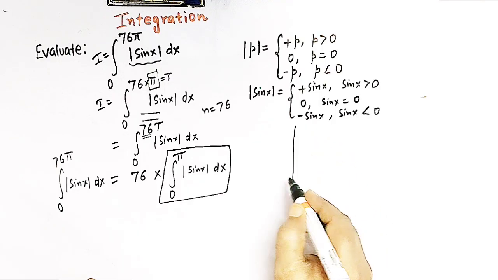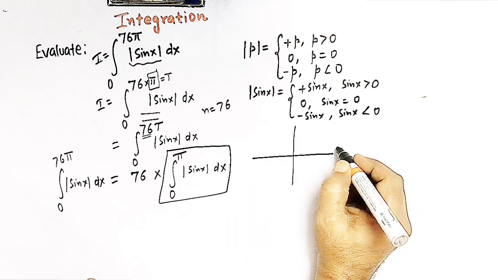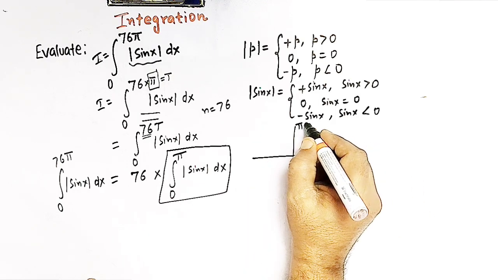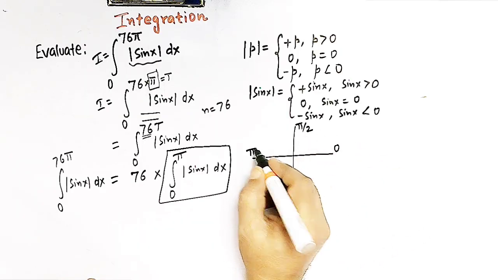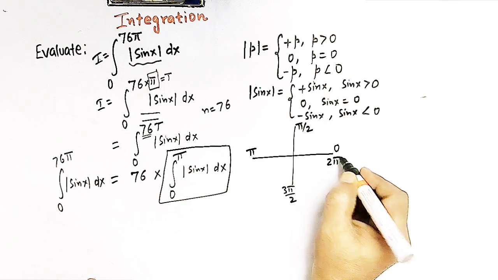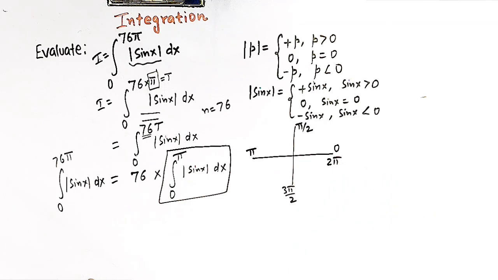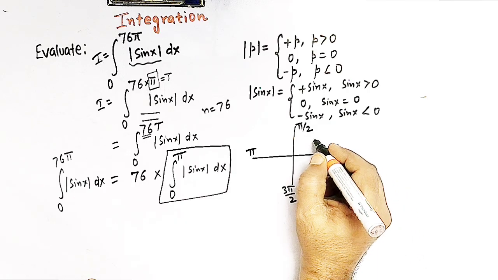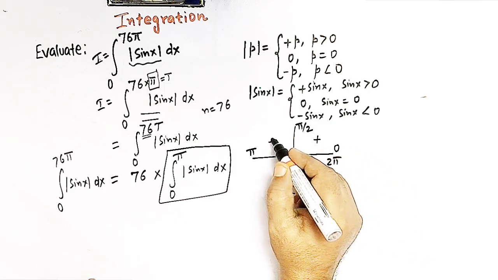Now here we have the four quadrants. Here we have 0, here pi by 2, this is pi, this is 3 pi by 2, and here we have 2 pi. From trigonometry we know that the sine function is positive in the first and second quadrant.